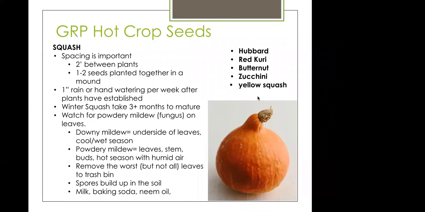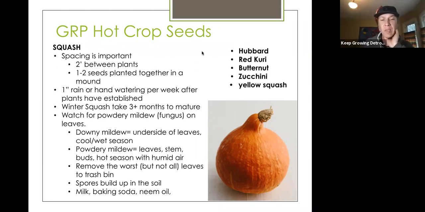That just means that you'll be harvesting those winter squash during the winter period. So October, November, that's when you'll be harvesting those crops. And then for your summer crops, you'll be harvesting those during the summer. Summer crops are harvested when they're younger. Winter crops are harvested when they're a bit older. Can you elaborate on what that means, younger or older?